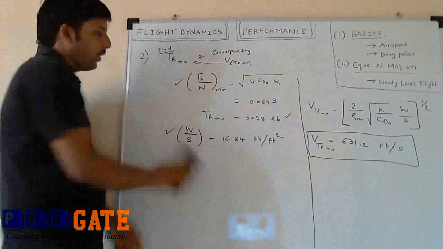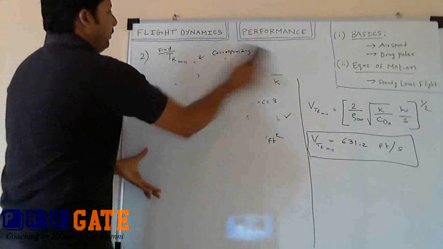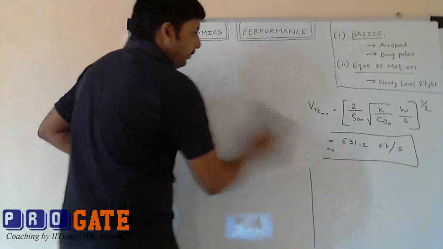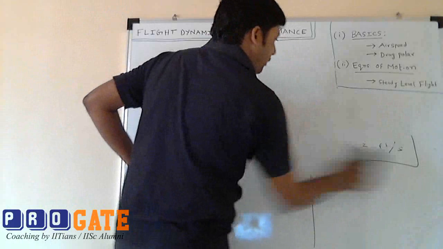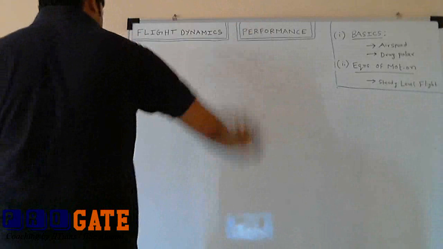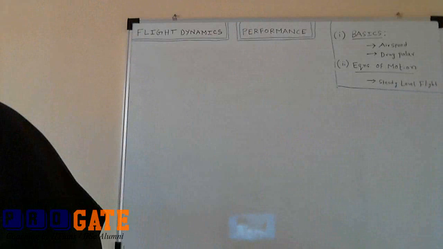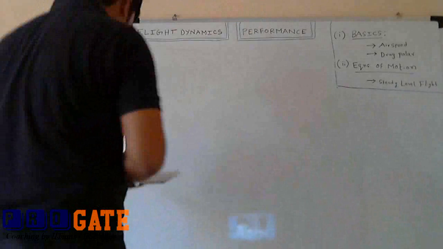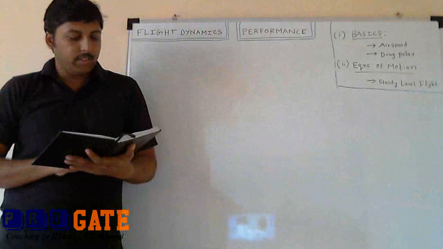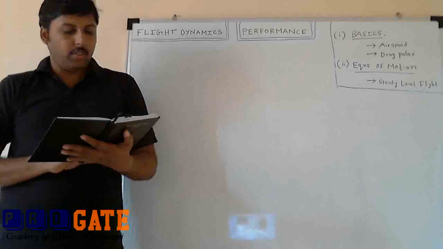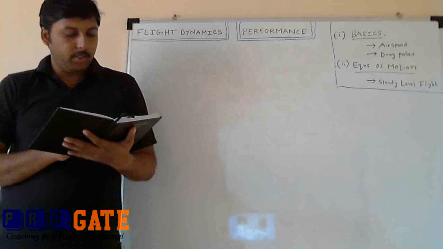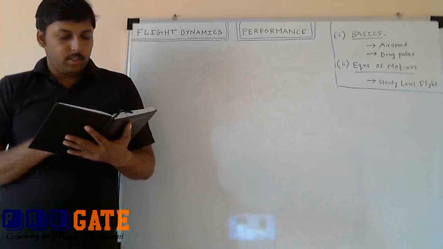Now let us solve a few GATE questions. The question is: an aircraft is cruising at a true airspeed of 100 meters per second under standard conditions at an altitude at which density is given.